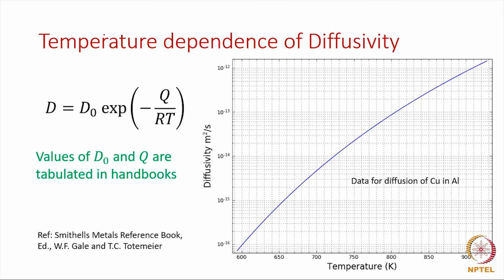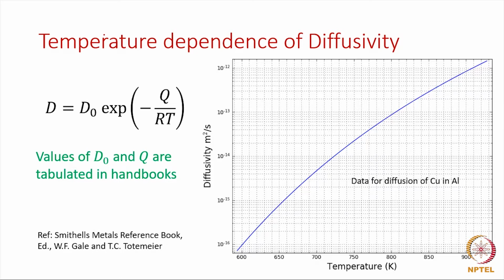You could see that if you normally plot diffusivity as a function of temperature, then it would actually be very odd, because it would be 0 for most of the axis, except at the highest temperature there is some variation. But if you plot it with the semi-log y, that is, along the y-axis you have the logarithmic scale, whereas along the x-axis you have the normal scale, then you can actually see the variation, that the diffusivity will come down in orders of magnitude as the temperature is decreased.